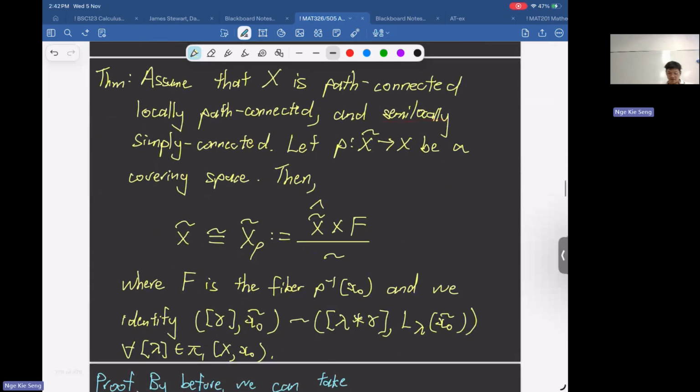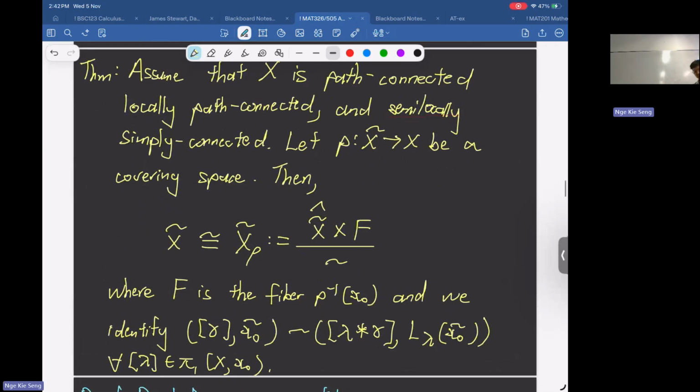Okay, so the next very interesting definition is where we can rewrite our covering space as a product space, quotiented out by some equivalence relation. Usually a product space is easier to identify if you know the two factors.